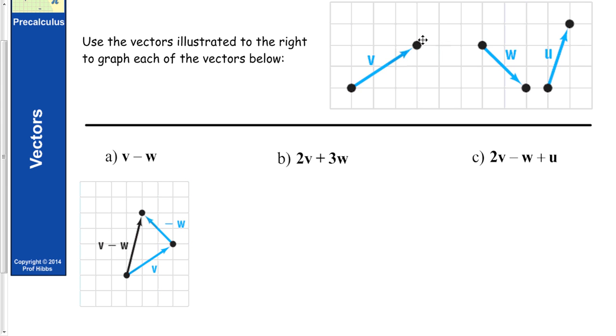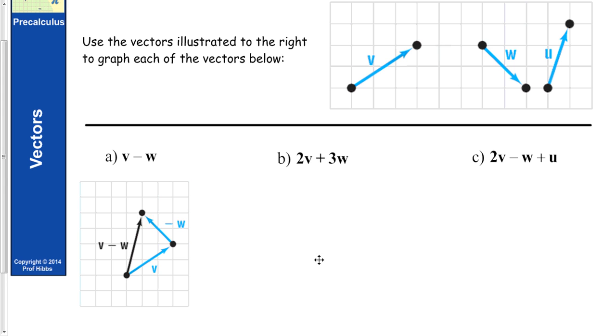I've taken my vector v, which goes 3 horizontally and 2 up. Now, minus w, or negative w, is what I'm adding, and it goes 2 left and 1 up. And so if we start here and end here, then this is v minus w.